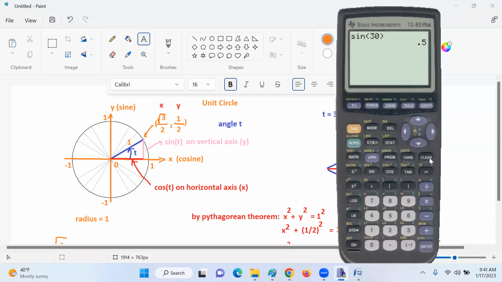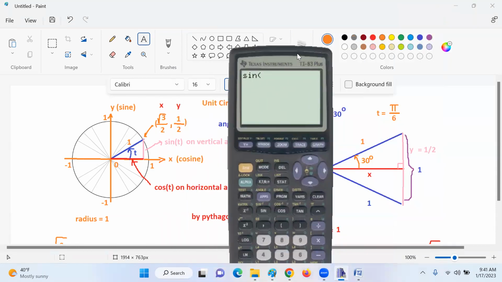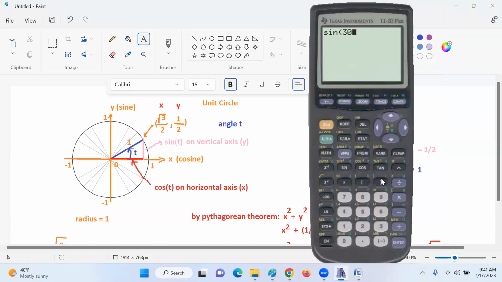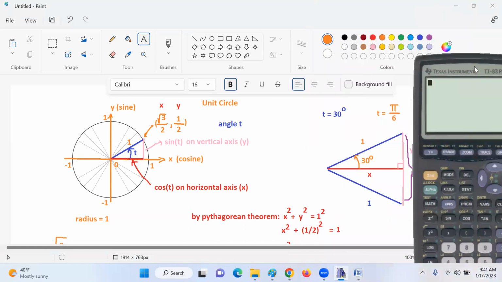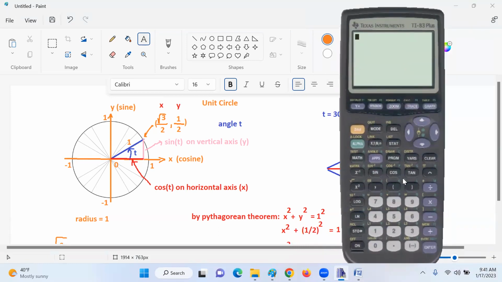Okay. Also, if you prefer using radians, we have to change the mode back to radian, and then we can try to figure it out. But you can't literally take the sine of 30 degrees because that's going to give you some weird number. It's not equal to 0.5. In fact, we need to take the sine, and then we hit the pi.